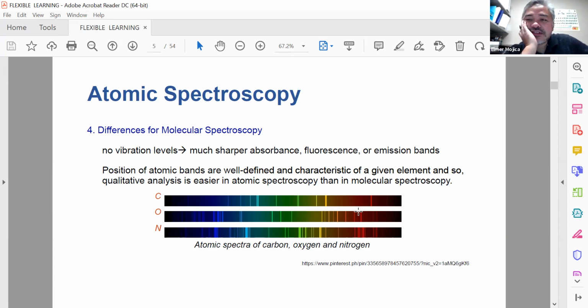Each element has its particular line spectra where you observe a peak at a certain wavelength. So qualitative analysis is easier in atomic spectroscopy than in molecular spectroscopy. All you need to know is the signature peak of each element, and where you can find the line spectra of a particular element. Once you match them up, you can be sure the sample is made up of that element.